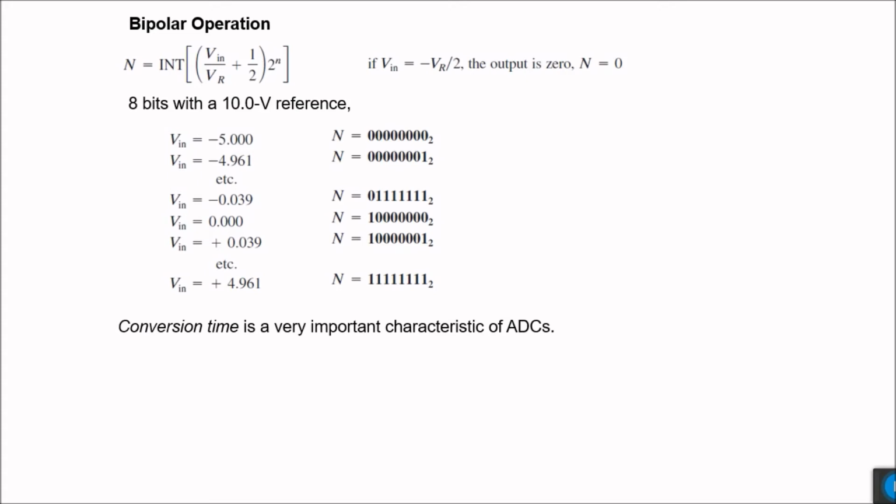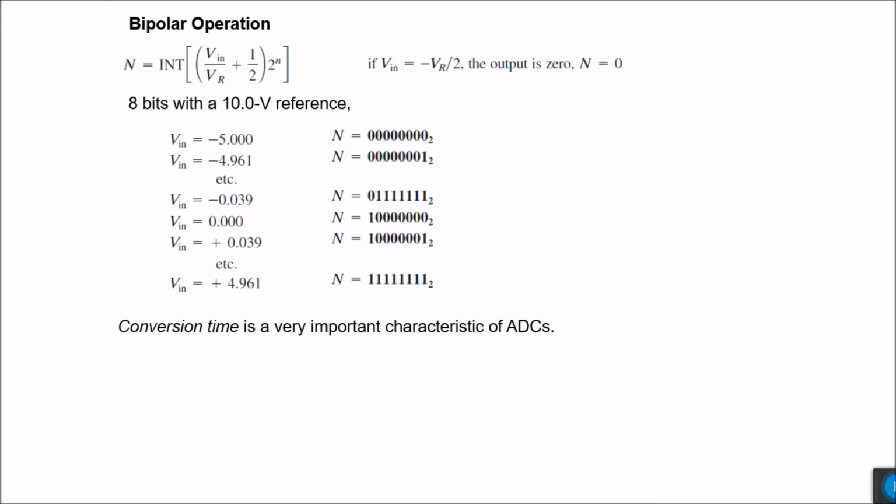In case of DACs, we discussed that there is effectively almost zero conversion time because we are using op amps, and it only takes a fraction of microseconds for the data to travel from the input to the output. There is no processing involved inside that digital to analog converter.